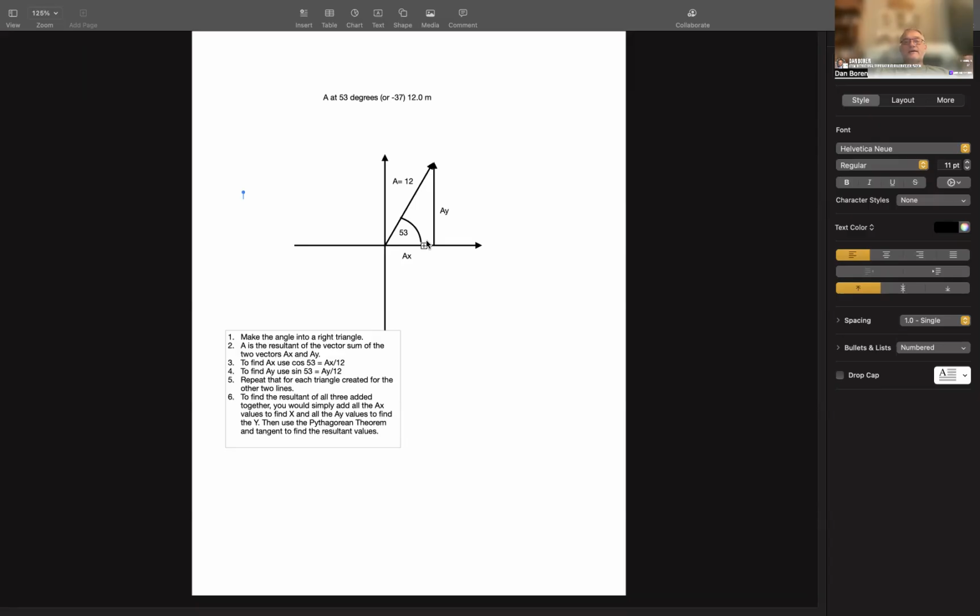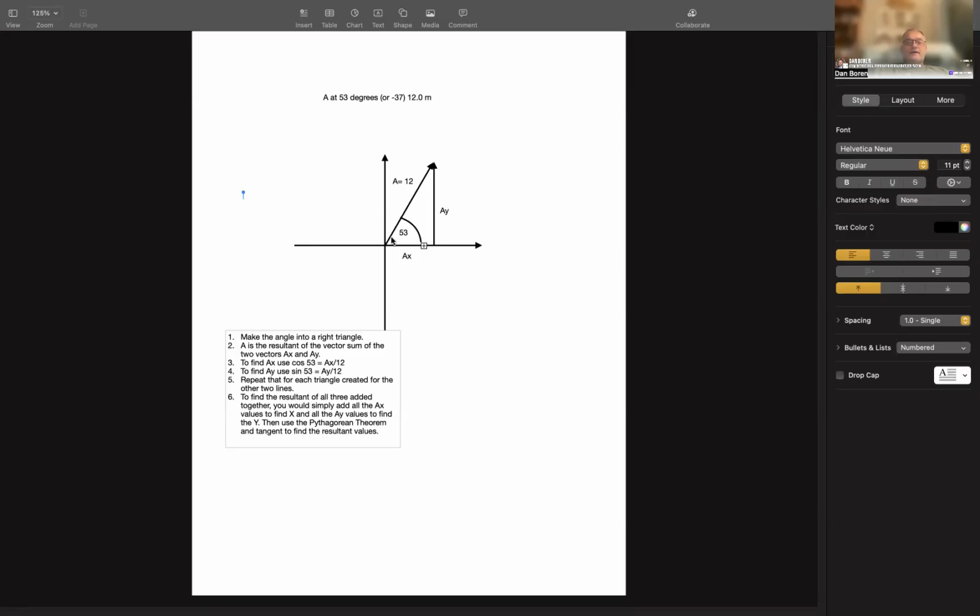And then after I get each component, I add all the x's and all the y's to get my resultant x and my resultant y, to find the resultant angle and magnitude of the vector sum of those three forces.